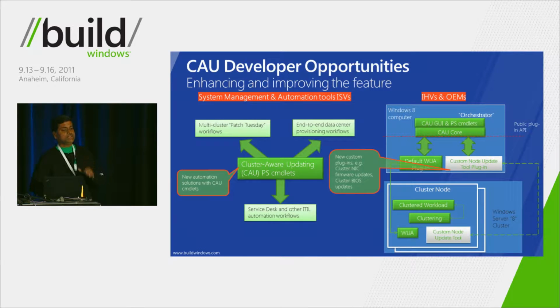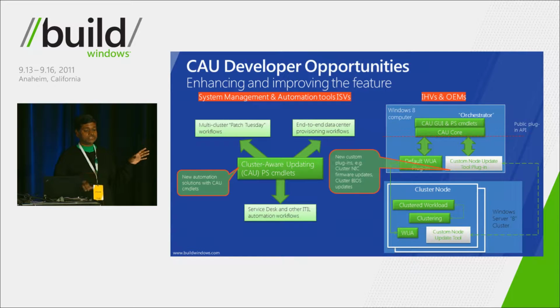The second point I wanted to highlight is our extensible architecture. Think of cluster-aware updating as an engine that has cluster awareness, that understands the notion of quorum. It knows about failover and failback, everything in a workload-agnostic way.